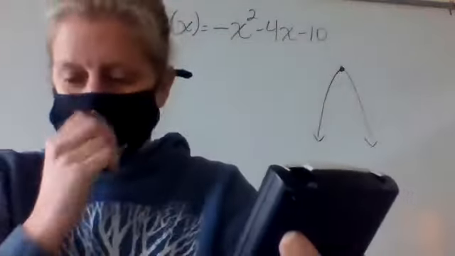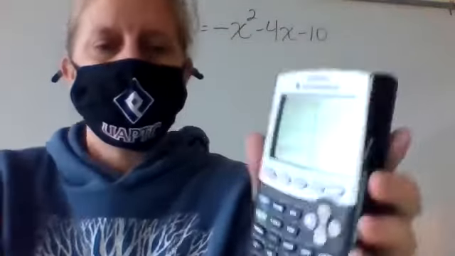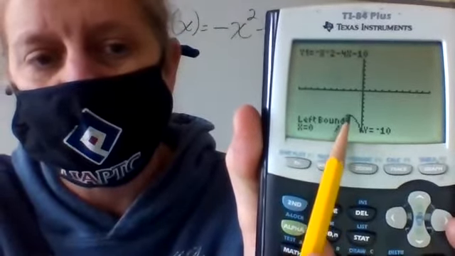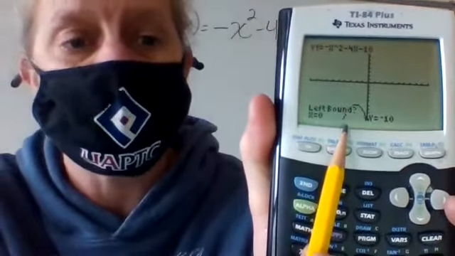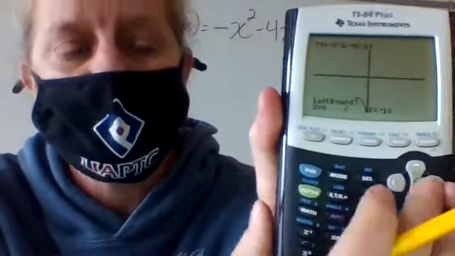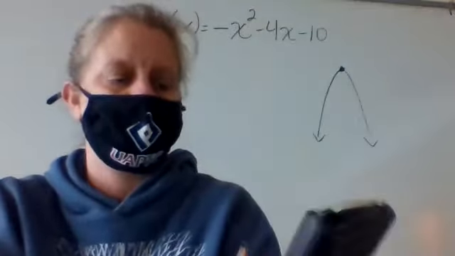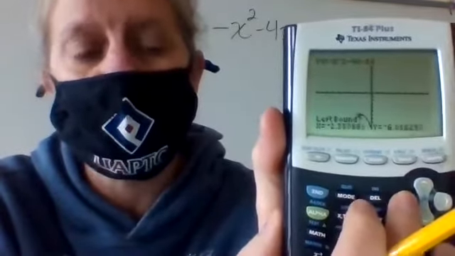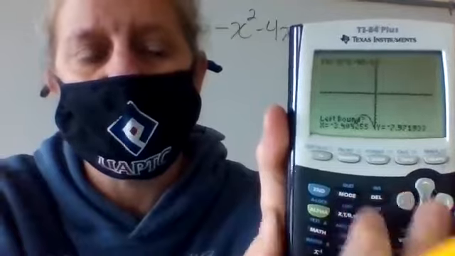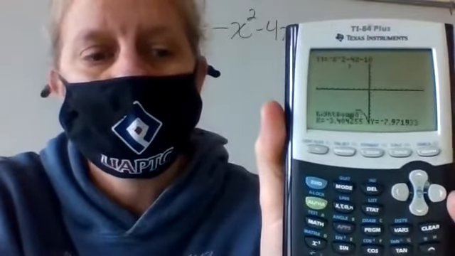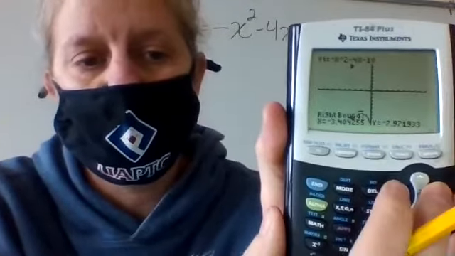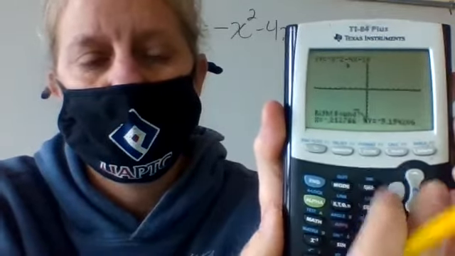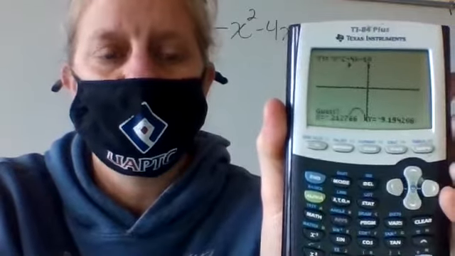So left bound, it's not on the left, it's at 0, negative 10, which means your cursor is right here, which means I need to move it across the vertex over to the left side. So just hit your left. So there it is. Move it across the vertex over to the left and hit enter. And move it back across and hit enter again, twice.